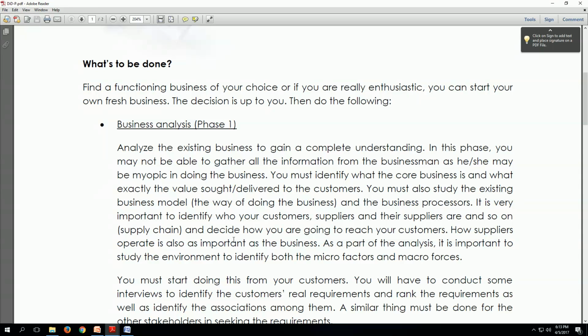We try to re-engineer the business process. We understand that, we analyze that, and we try to re-engineer them so that it suits the e-business model that we want to bring up, and it is aligned with the value generative process or the strategic position that the organization should take.